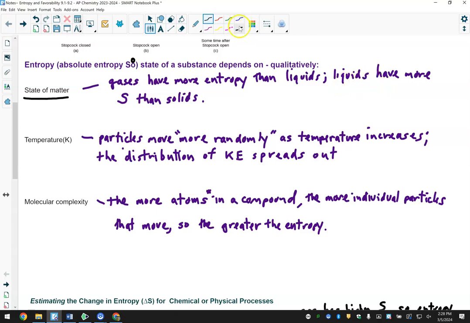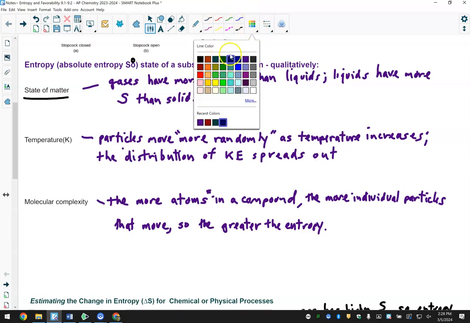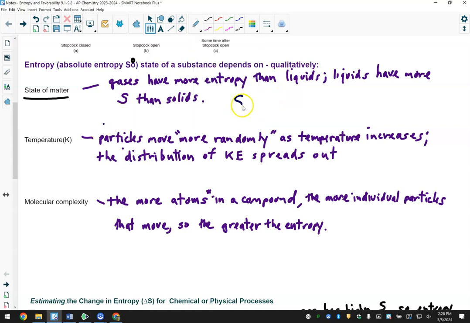Solids have the least entropy. So you could summarize this by saying the entropy of a gas is greater than the entropy of a liquid, which is greater than the entropy of the solid of that same substance.